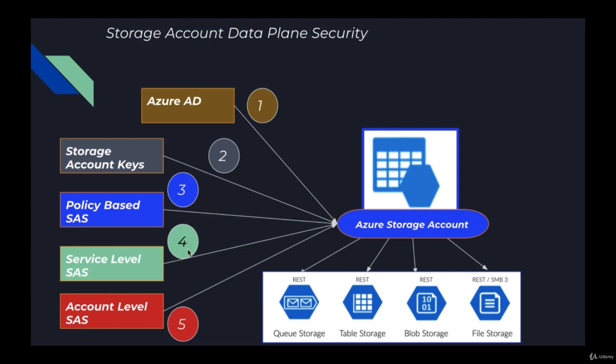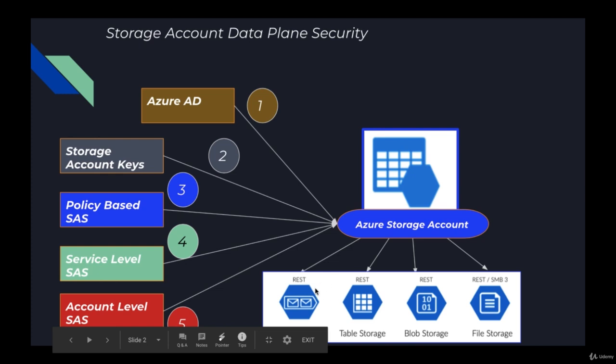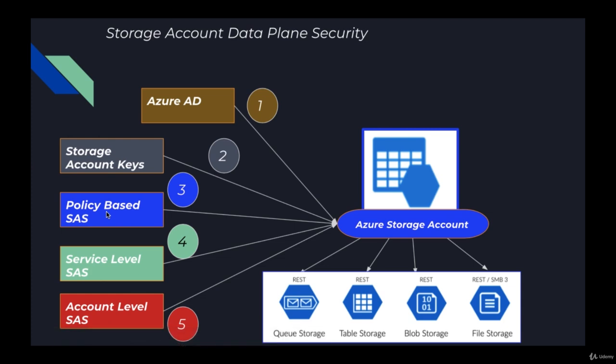Once you have given it to the user or the application, you don't have any control over that. For that reason, we can use the policy based SAS. When we create a container within the storage account, at the same time we can apply the policy onto that. We'll discuss policy based SAS in detail.